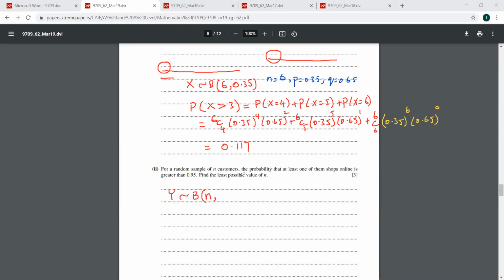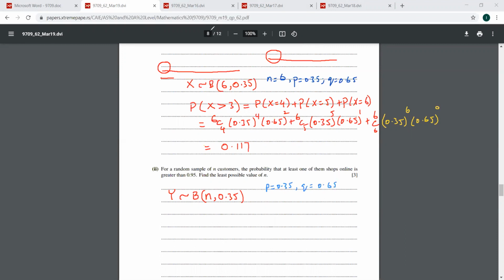So again, it is being talked about shopping online, so we use the same probability. So now we have here that the n is n, obviously, and p is the same 0.35, and q is going to be 0.65.